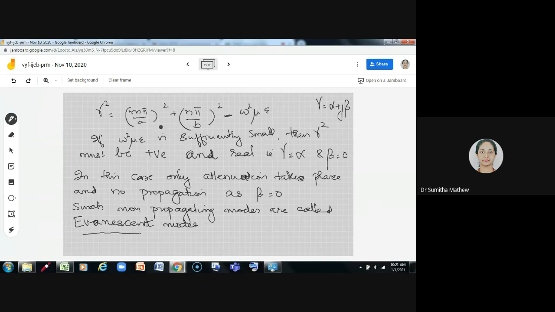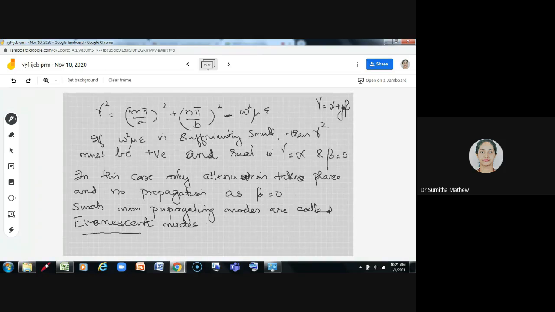Now, here in this expression for gamma square, if the first term is positive, gamma square will be positive, isn't it? This sum, m pi by a whole square plus n pi by b whole square, if that sum is greater than omega square mu epsilon, then this will be positive. If omega square mu epsilon is very small, then gamma square must be positive and real. It will not be imaginary because the difference is always positive. In that case, gamma is equal to alpha because beta is 0.